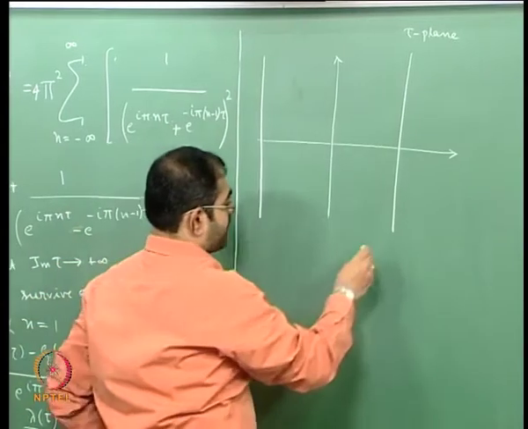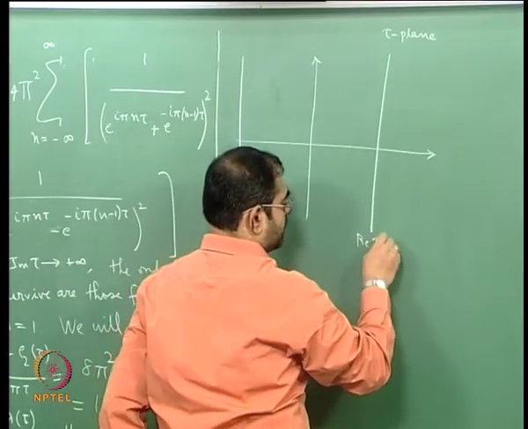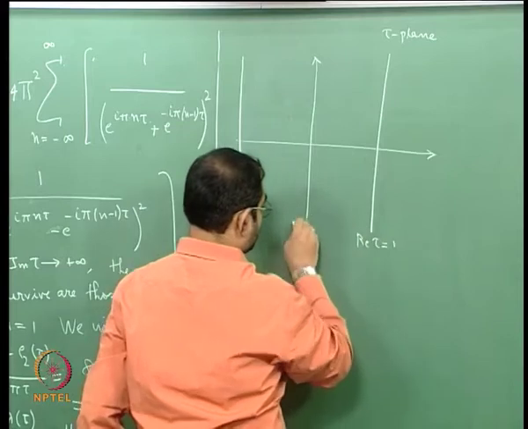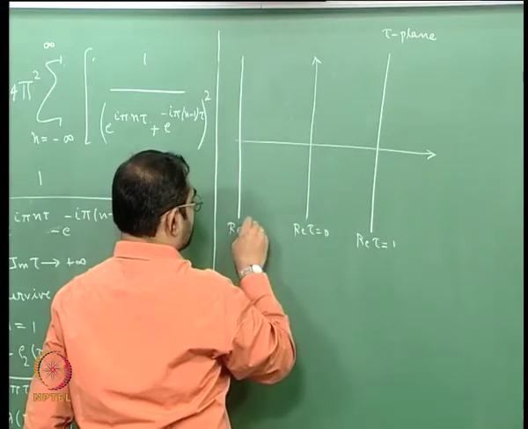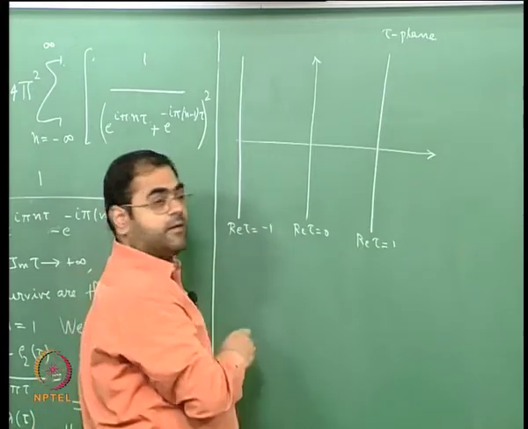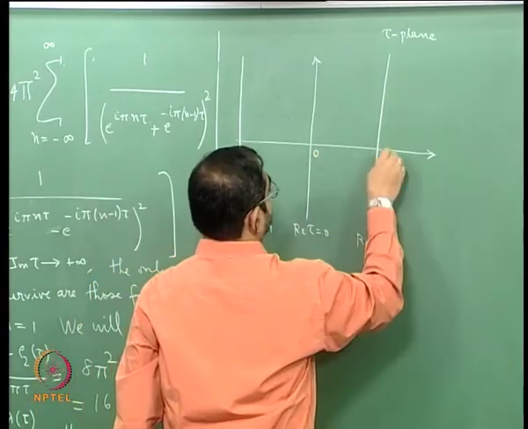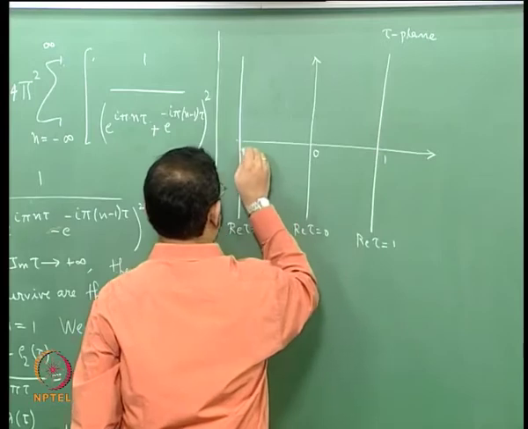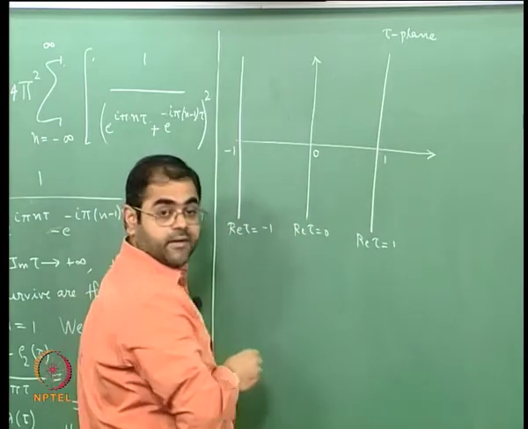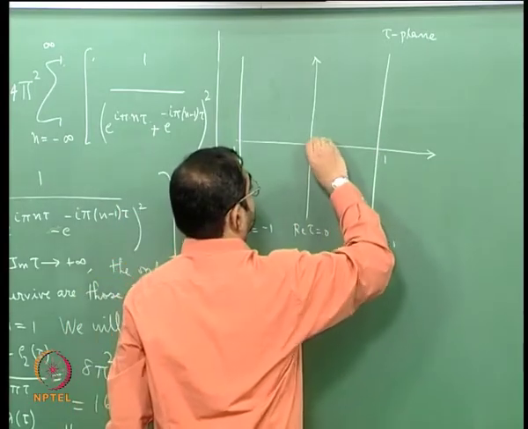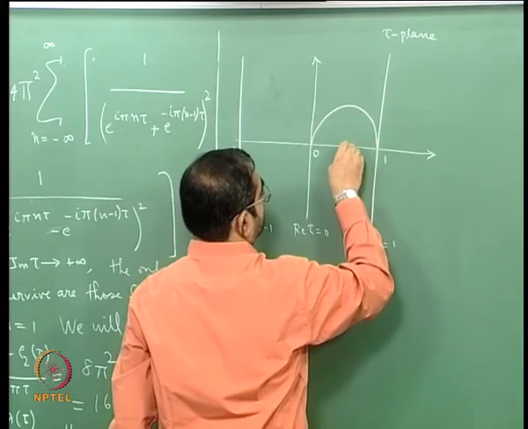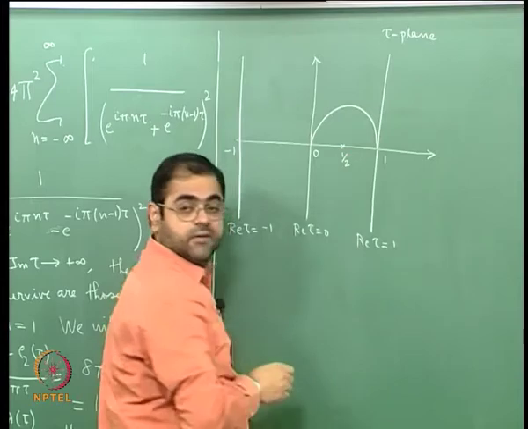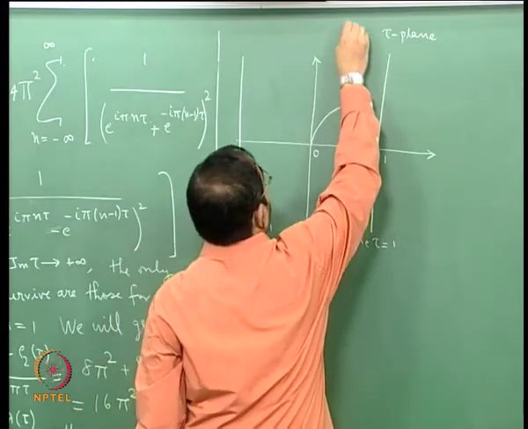Okay, so this is real part of tau is equal to 1, this is real part of tau is equal to 0, and this is real part of tau equal to -1. Okay, and so this is 0, this is 1, this is -1, alright, and I draw this semicircle centered at half, radius half. Okay, and then I have omega here.